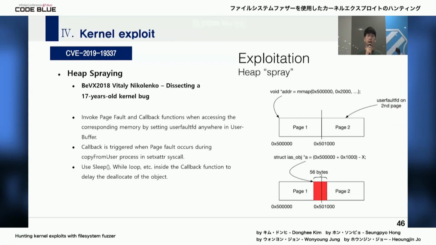Briefly, after setting the memory address to be copied to span between two pages, when the second memory page is referenced, a page fault can occur through userfaultfd and fall into a handler routine. In the routine that is called later, add code that delays kernel memory deallocation through the sleep function to prevent deallocation from happening.